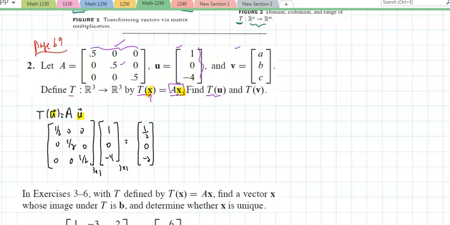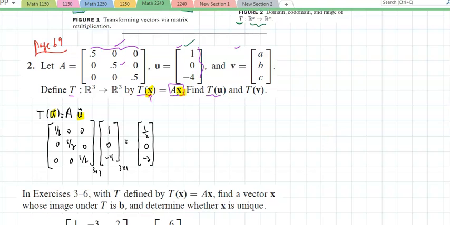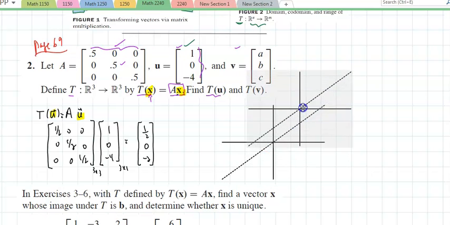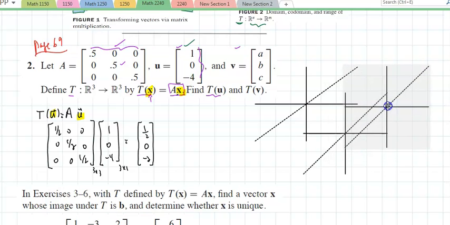So what does this mean? Let me show you graphically what that means. You took the vector U, which is 1, 0, negative 4. Let me do it again, and let me give it some space because I need 2 of those. There's 1. And we're mapping still R3 to R3, so we're still in the same dimensions.